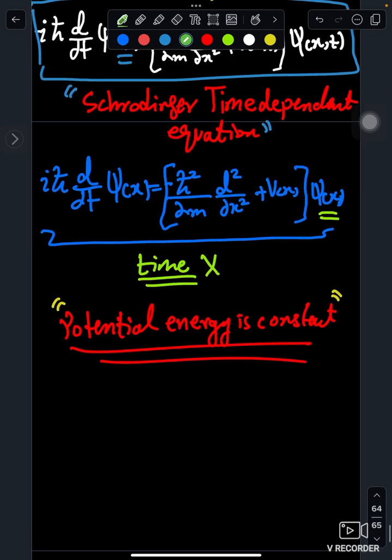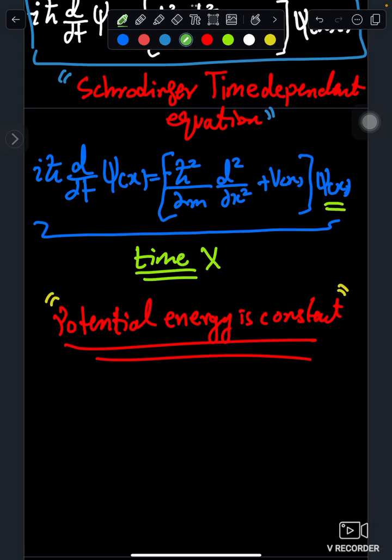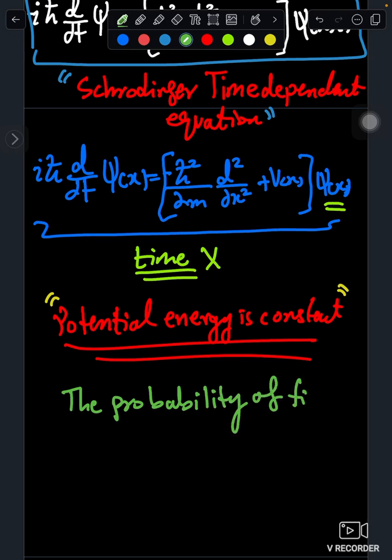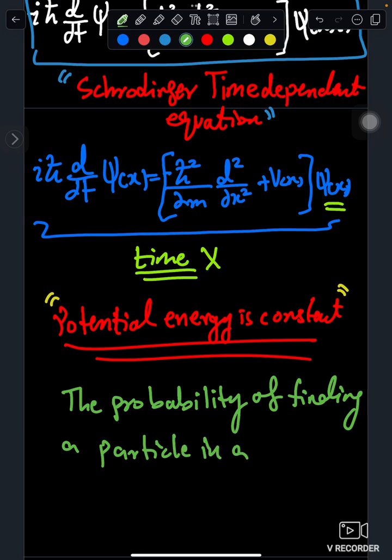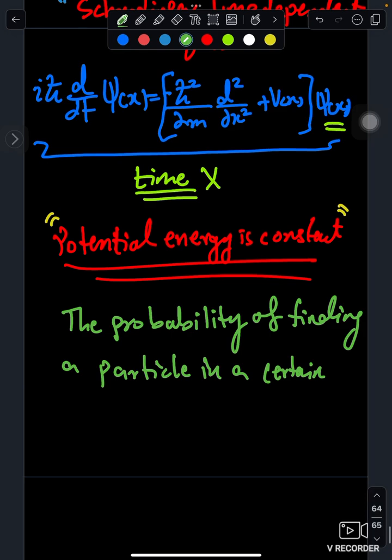And to simplify, what this equation gives us is the probability of finding a particle, let's suppose an electron, in a certain region.